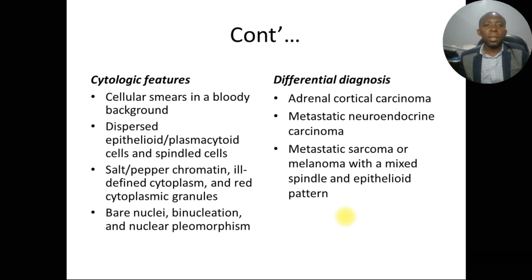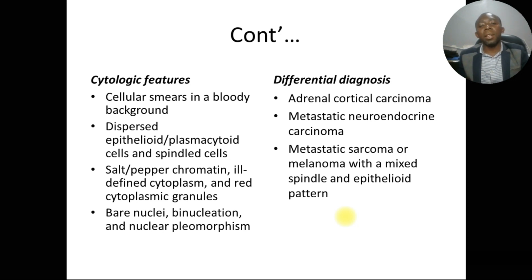Cytologic features, here we shall appreciate that we shall have cellular smears in a blood background. We shall have dispersed epithelioid, plasmacytoid cells and spindle cells. At the same time, we shall have the salt and pepper chromatin appearance with ill-defined cytoplasm and red cytoplasmic granules.